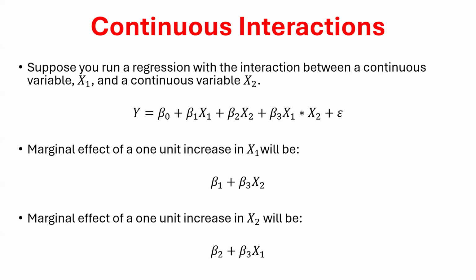So if I put in the same additional hour, the marginal effect on my score is likely going to be higher than the marginal effect of 1 hour of study for someone who got a 60, right? So if we had this data, it's likely that beta 3 is going to be positive, right? That people who perform better, if they were to put in the same 1 hour of additional study as someone who didn't perform as well, it's going to have a larger marginal effect, right?